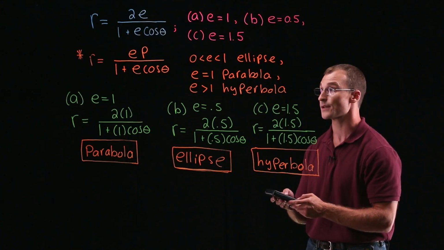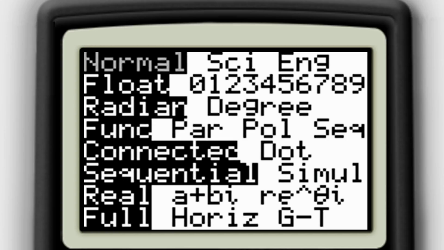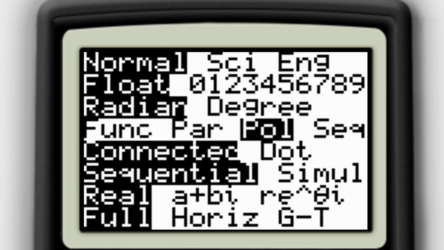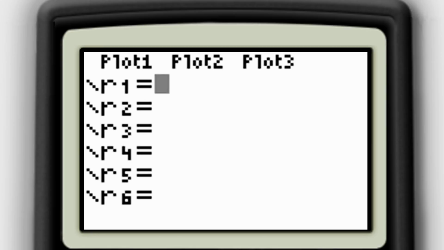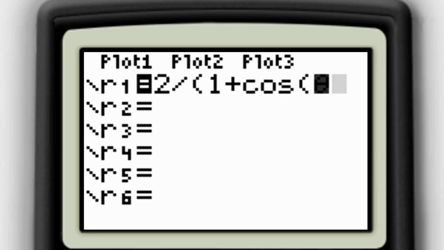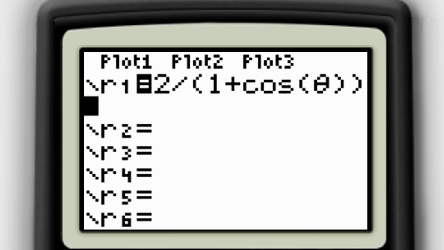First thing to do, we'll go into our mode and make sure we're in polar mode. We'll sketch this one at a time, starting with A. For R1, we'll take r equal to the numerator 2 divided by quantity 1 plus cosine theta.